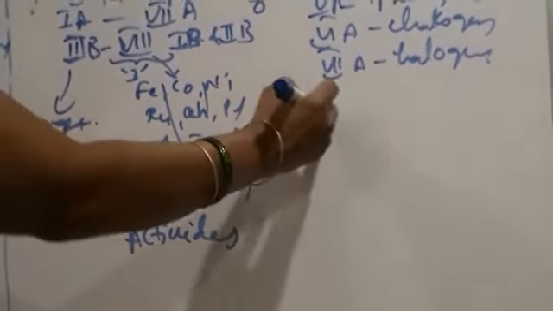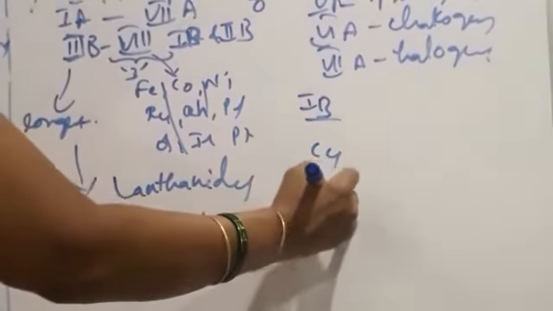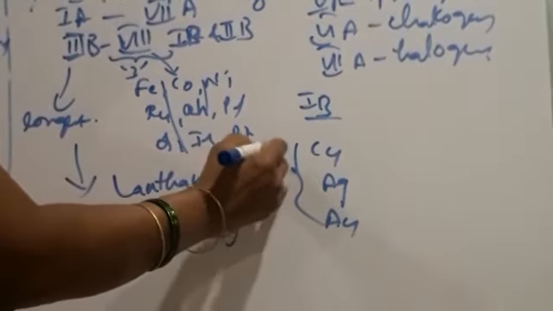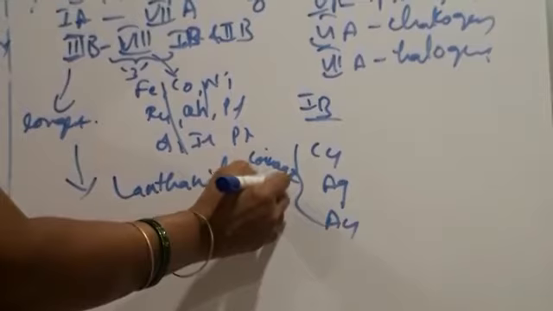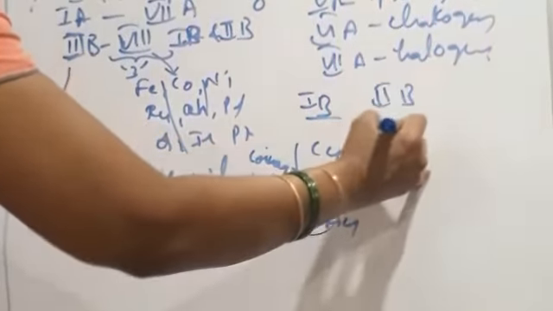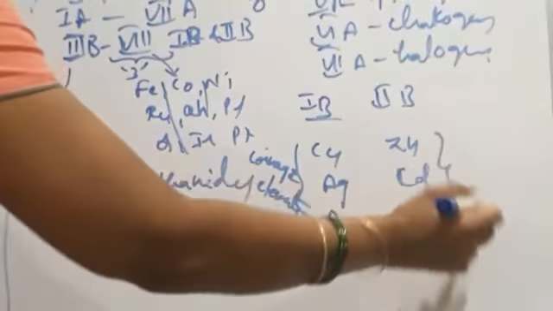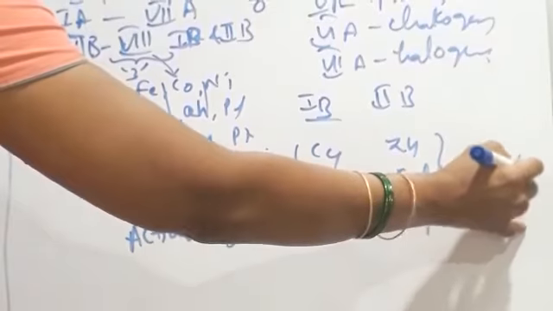Then coming to first B group elements: copper, silver, gold. These are also called coinage elements. Then second B group elements: zinc, cadmium, mercury. These are called volatile elements.